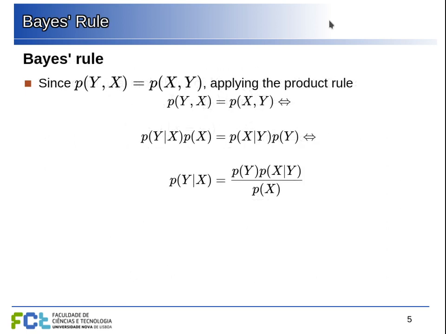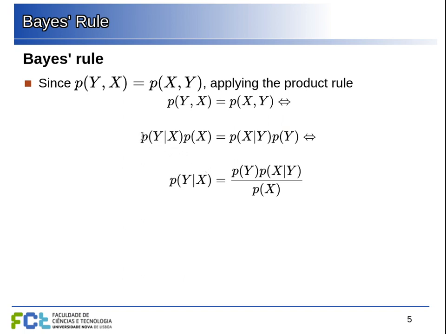Okay, so since we know that the probability of y having some value and x having some other value is the same thing as x having that value and y its value, because it doesn't matter the order we consider the variables here, we can apply this product rule and use this equality here.